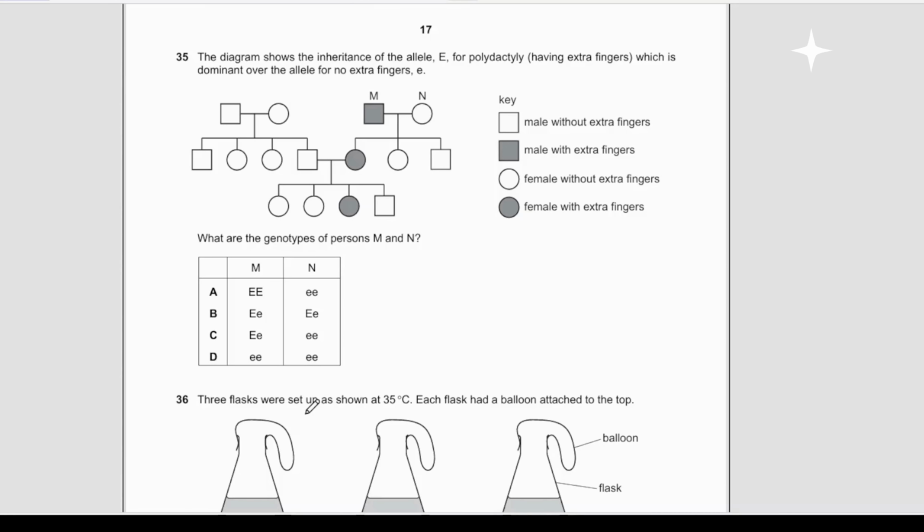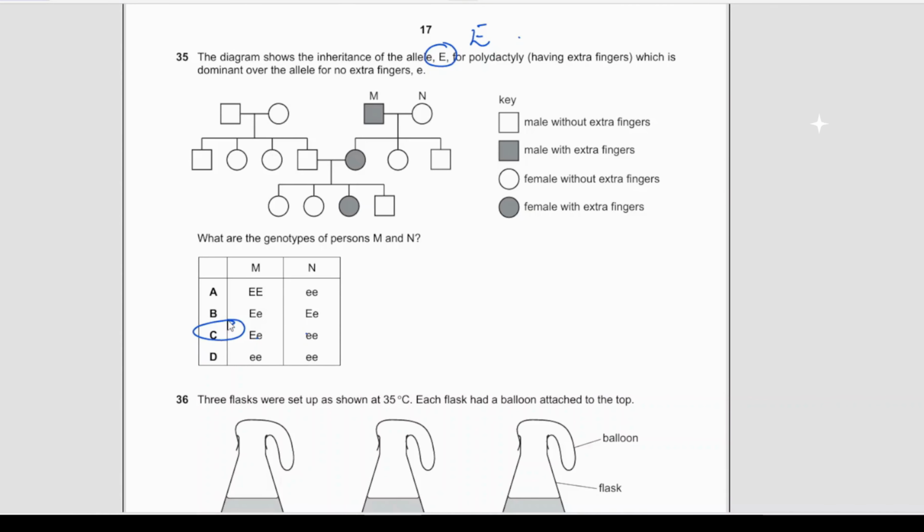Wait, where is A? It could be both homozygous recessive. Why do you think so? Dominant. Okay, so this one is dominant, so this one has a bigger impact. So this could be the answer.